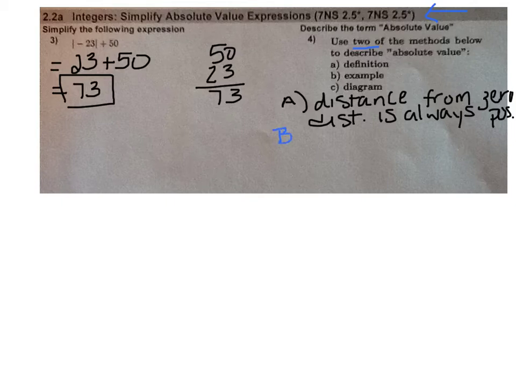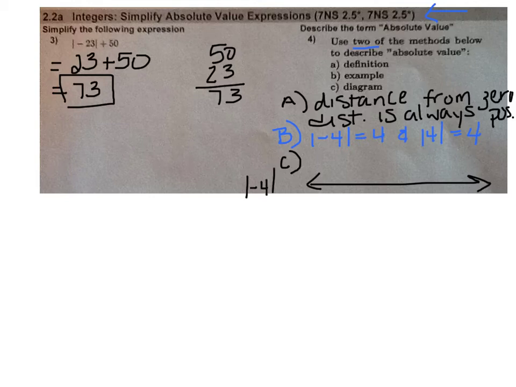B, if I was going to do B and give an example, I might show something like negative 4 absolute value is equal to 4, and the absolute value of positive 4 is equal to 4. And I would show both because remember, absolute value has 2 answers always. And if I was going to do a diagram, I might do something like, what's the absolute value of negative 4?